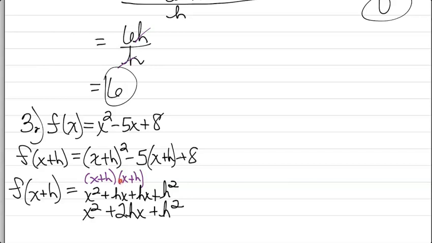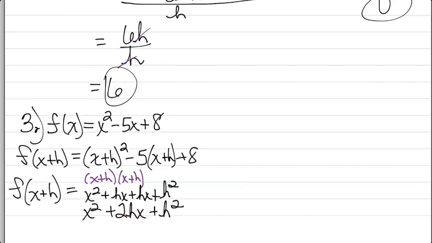This is x times x for the x squared, x times h for the hx here, h times x for this hx, and h times h for that last h squared. The two hx's get combined, and hx plus an hx gives you two hx's. So I have that part.